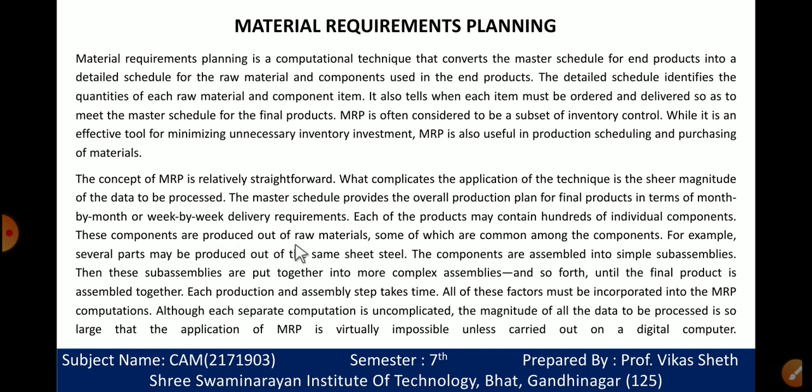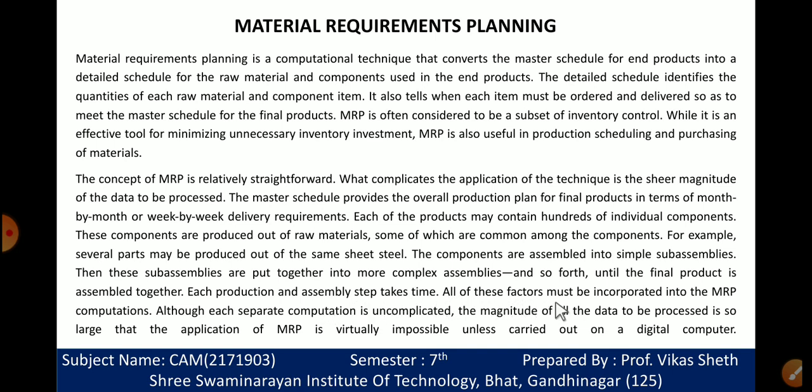These components are produced out of raw materials, some of which are common among the components. For example, several parts may be produced out of the same sheet metal. The components are assembled into sub-assemblies, then these sub-assemblies are put together in more complex assemblies and so forth until the final product is assembled together. Each production and assembly step takes time.